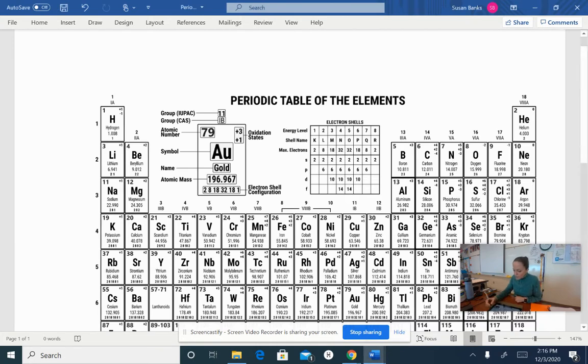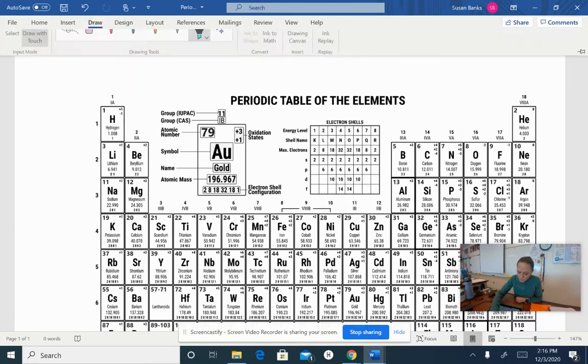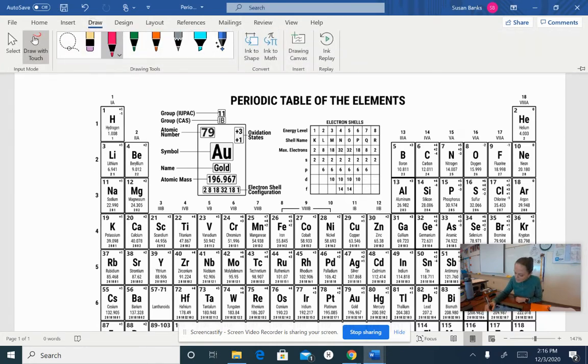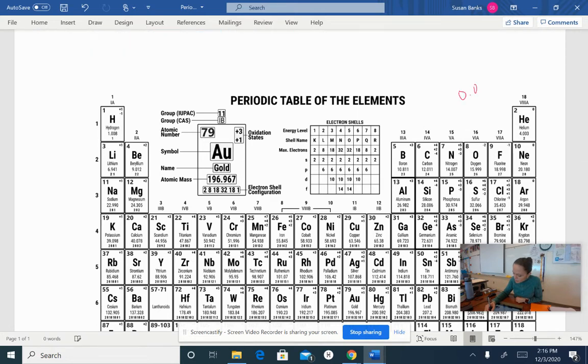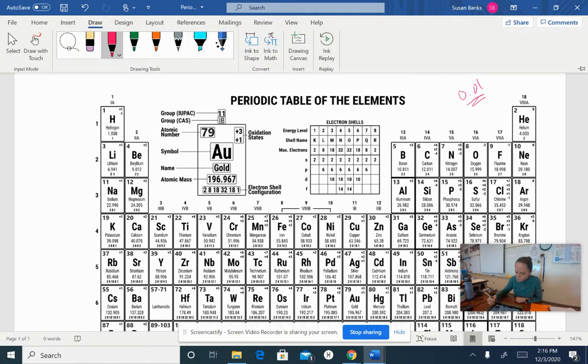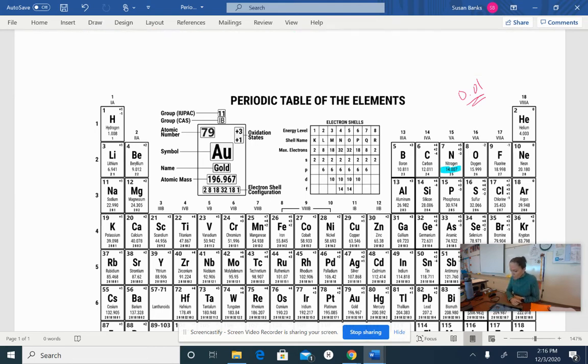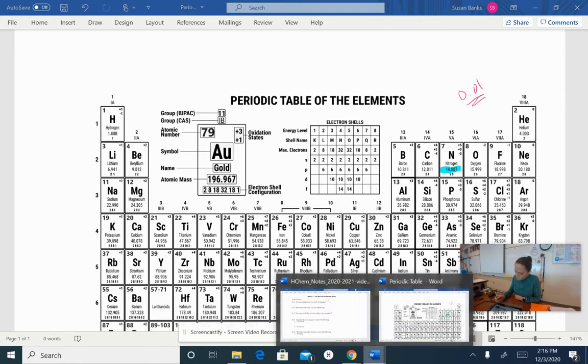And if you remember, I wanted you to do masses to the nearest 0.01, okay? So nitrogen, our mass here is 14.007. So the nearest hundredth is going to be 14.01 grams per mole.